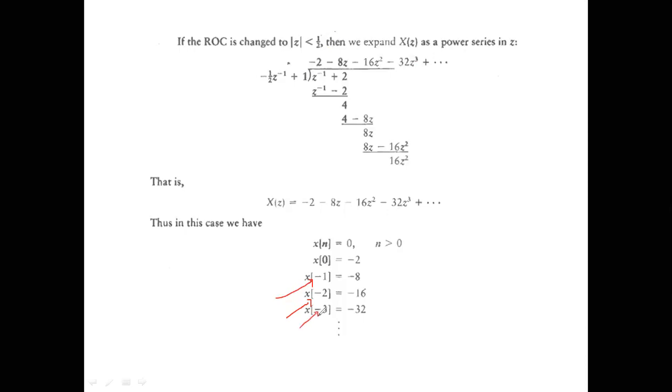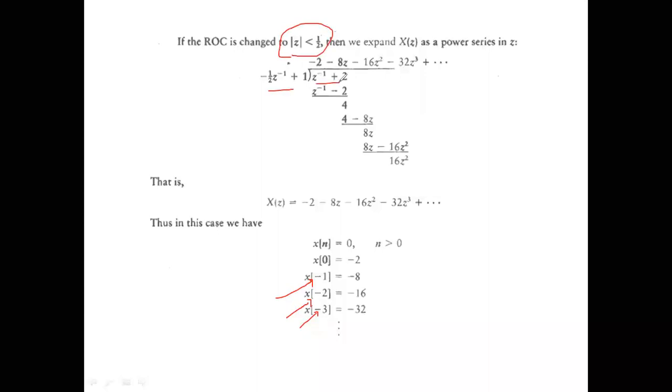Got this particular thing? So how did we solve this numerical, by the way? They asked us to solve it using the power series expansion method, and we did so. We saw what their ROC requirement is. Based on that, we wrote the divider and the dividend accordingly.